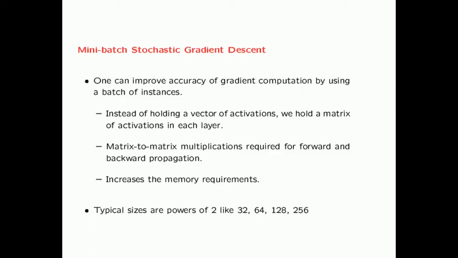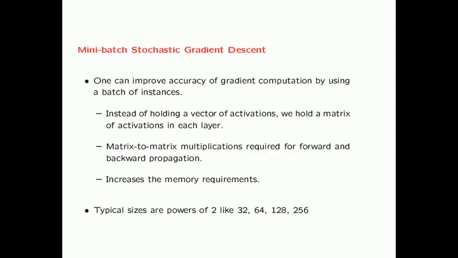So instead of holding a vector of activations, you will hold a matrix of activations in each layer during the forward phase, and during the backward phase you will hold a matrix of gradients. Typically you will need matrix to matrix multiplication both during forward and backward propagation.